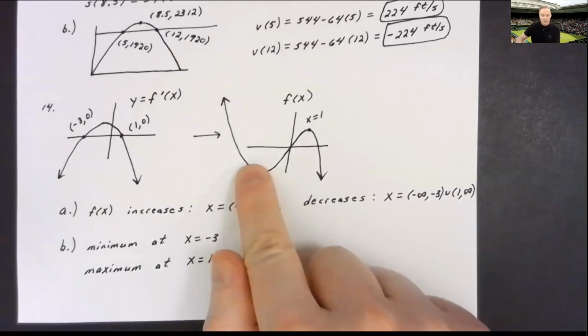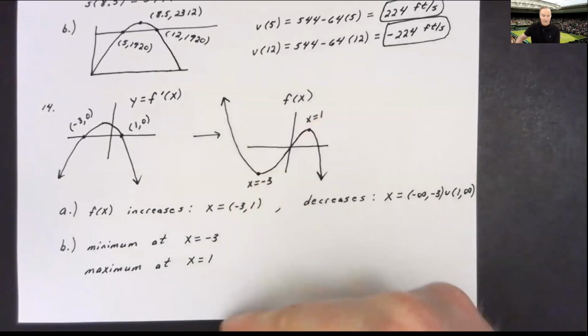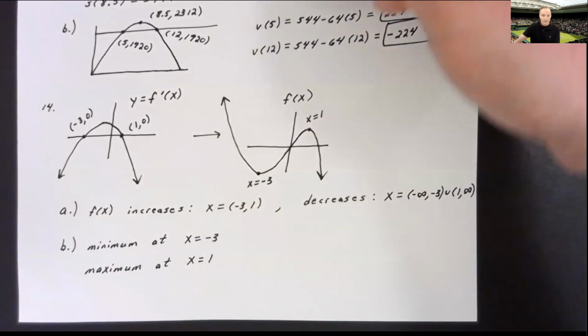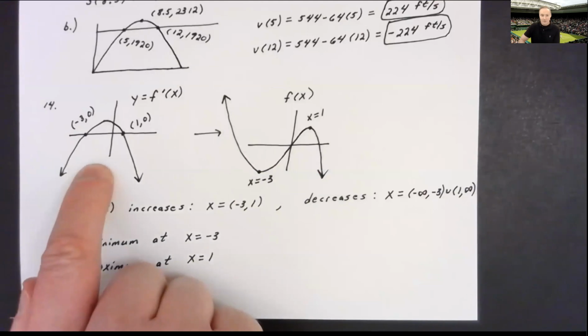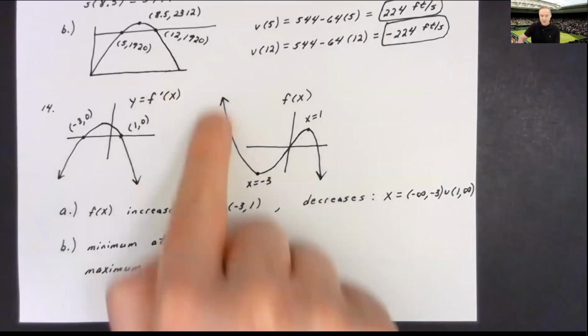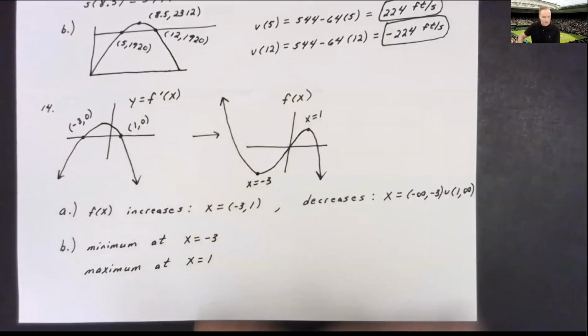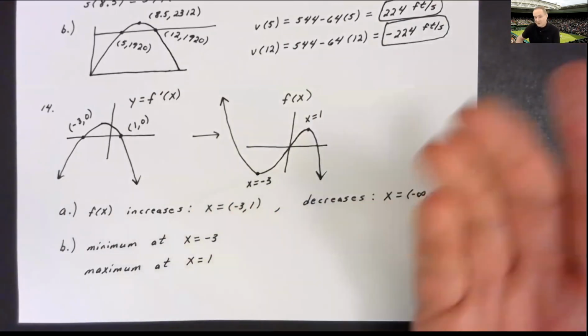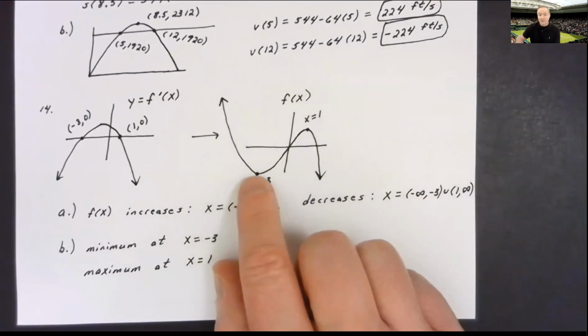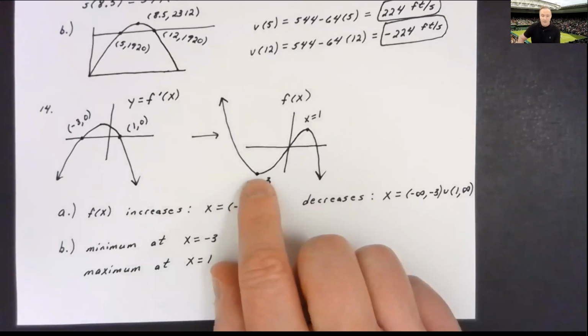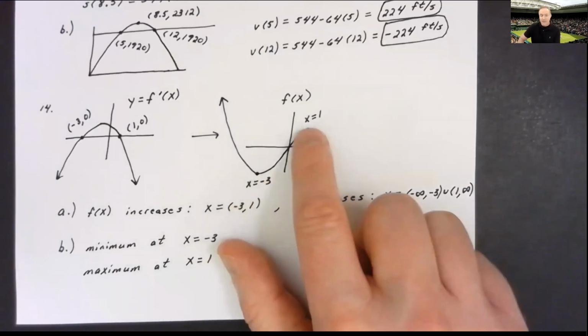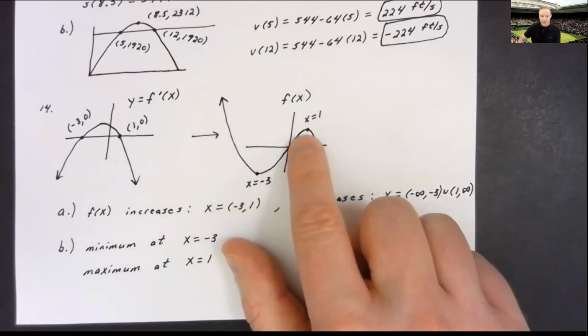But this function and a function shifted down 1,000 units or up 1,000 units would all have the exact same derivative. So the derivative is just going to be the shape, not the specific y values. So all I can say is that there is a minimum at x equals -3, and there's a maximum at x equals 1.